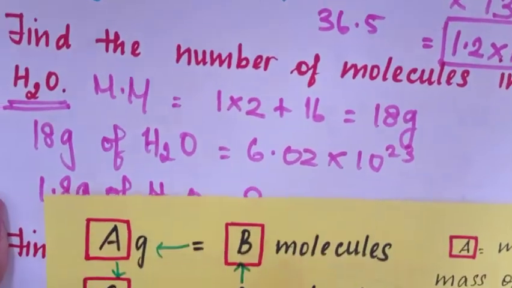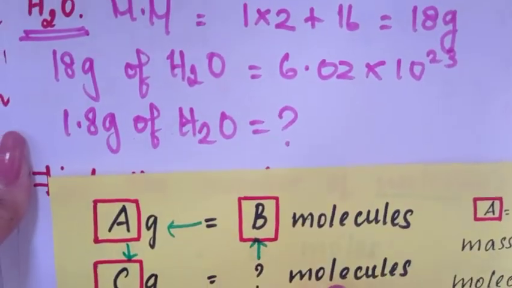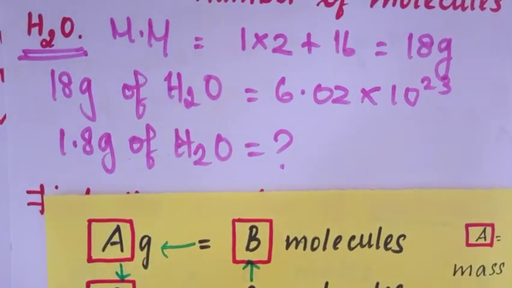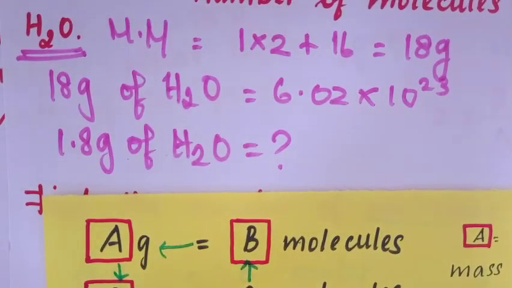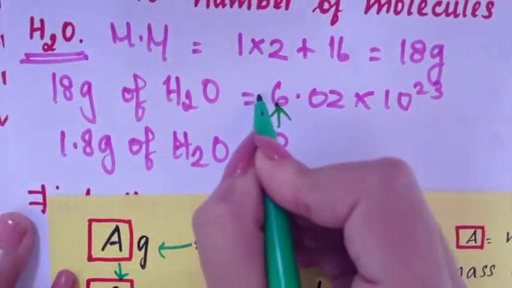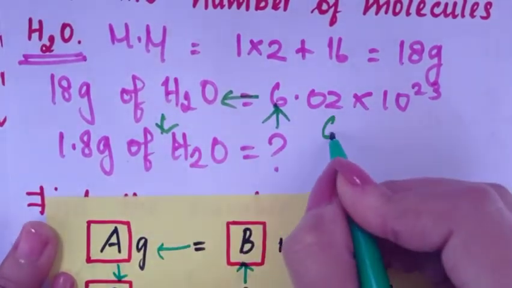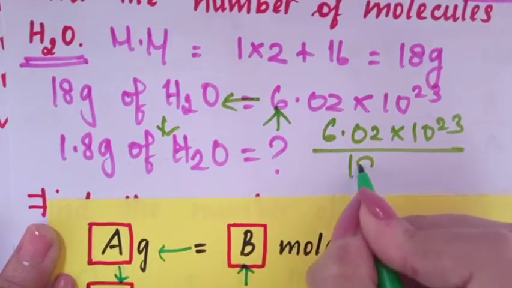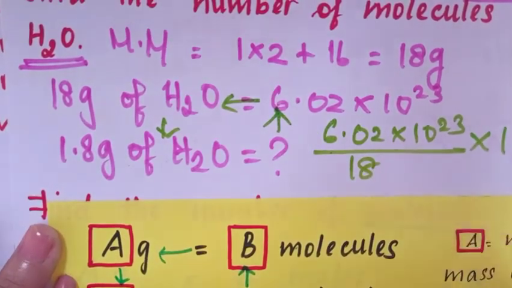Now, in 1.8 gram of H2O, how many molecules will be present, we have to find. Now how will we find? The cycle starts like this: 6.02 into 10 power 23 divided by 18 into 1.8.